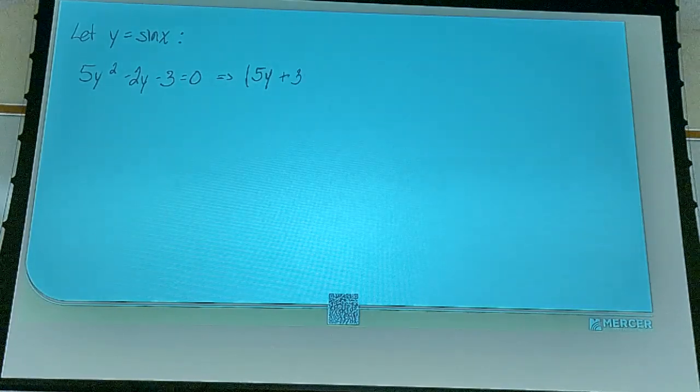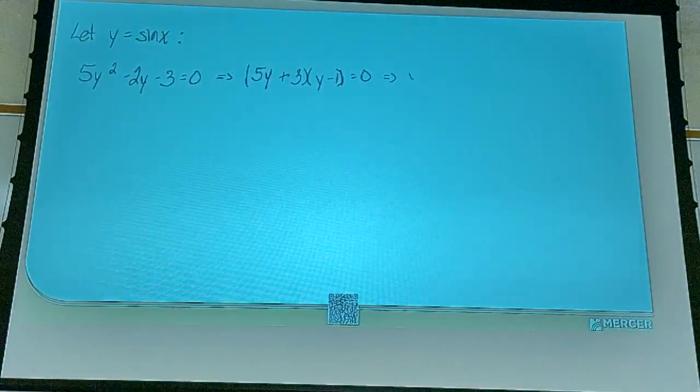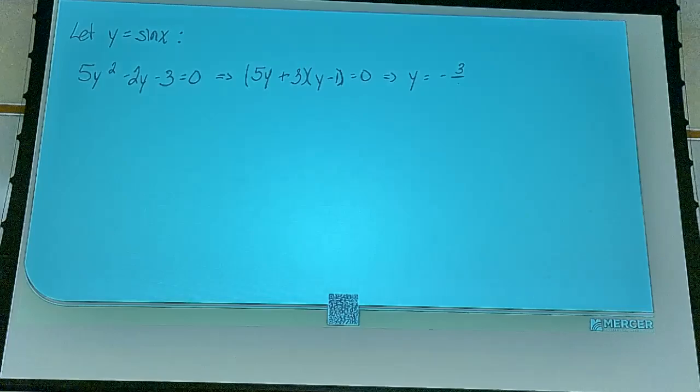Higher one's going to take the minus. So it should be 5y plus 3 times y minus 1. y is negative 3/5 or y is equal to 1.